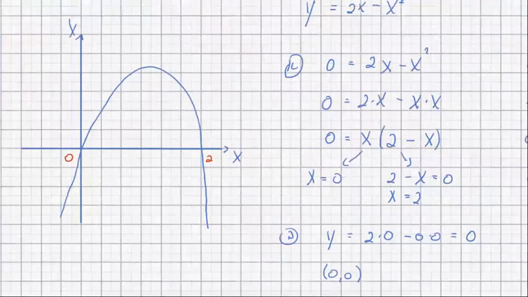Where's that point? In the middle? Yeah, so if this is 0 and this is 2, 1 would be here. And this is the vertex, right? The vertex is here. So this is 1, and this is 1. I got it.